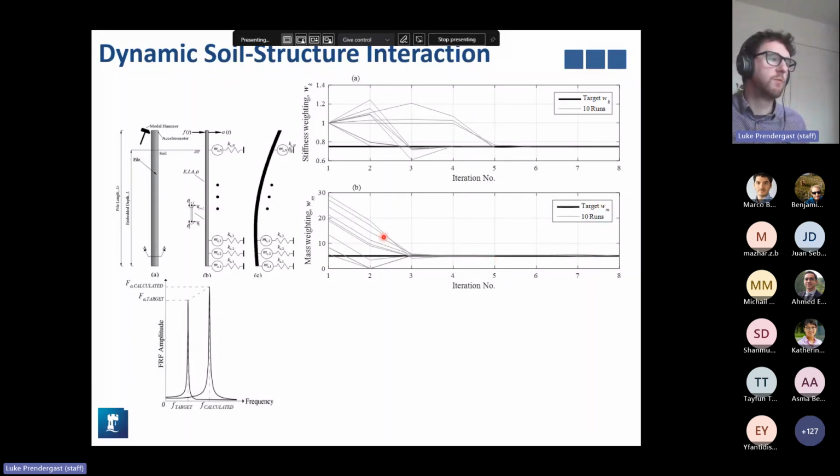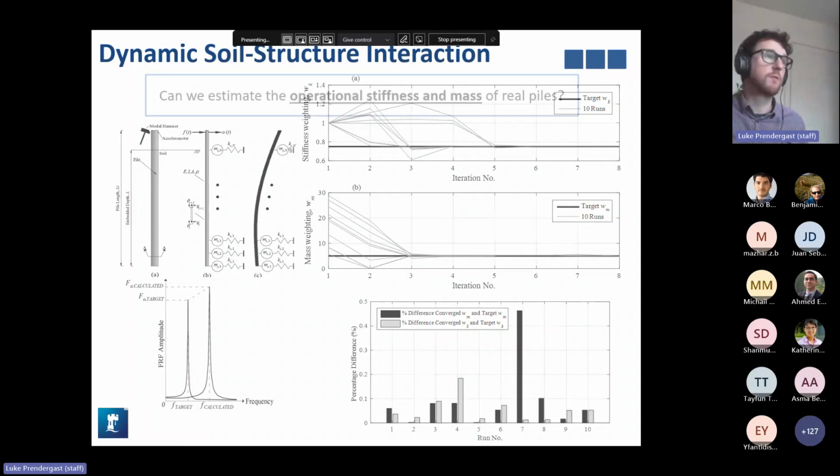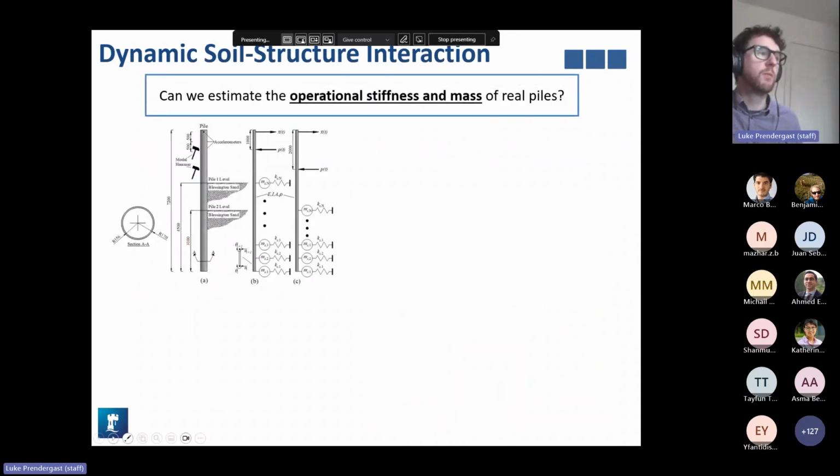So this worked really well in a numerical controlled environment. And for a series of 10 runs, the percentage difference between our converged values, so the estimated values, and the actual values was less than 0.5% difference. So that gave us an indication that the model should be able to work on real piles, which is what we did subsequently. So can we do it for real piles?